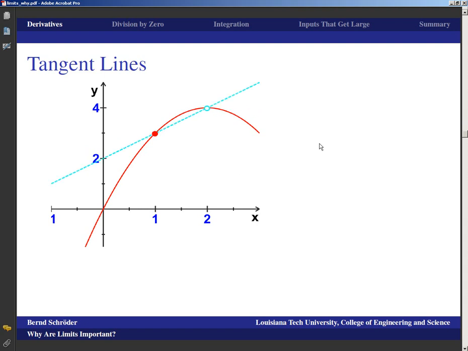Now if we compute a secant line with a second point that is closer to our base point, or even closer, or closer, then we're beginning to see that even though those are still secants, they're starting to look like they are just barely touching the graph, which is what the tangent line is supposed to do. You can see here the difference between these two is negligible in the picture.